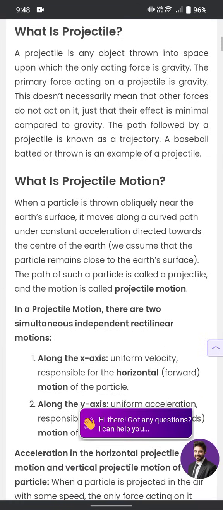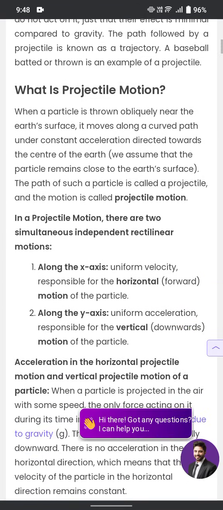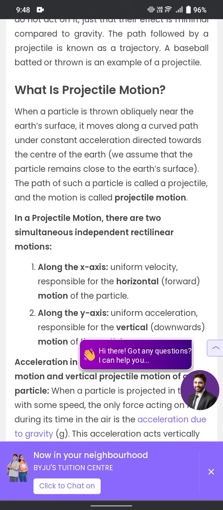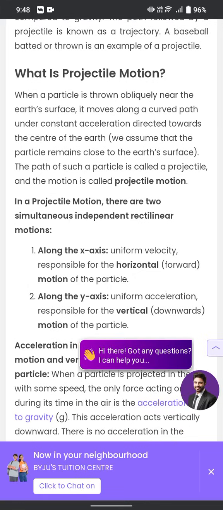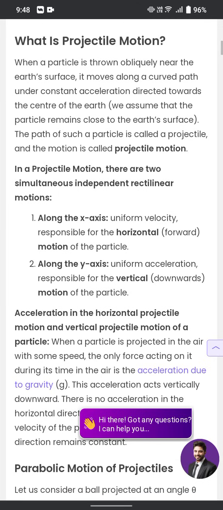What is projectile motion? When a projectile is thrown obliquely near the Earth's surface, it moves along a curved path under constant acceleration directed toward the center of Earth. We assume that the particle remains close to the Earth's surface. The path of such a particle is called a projectile and its motion is called projectile motion.